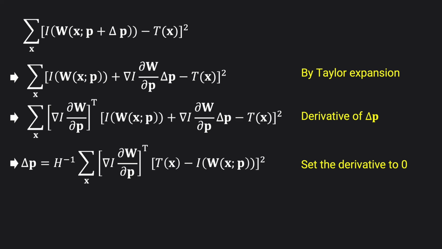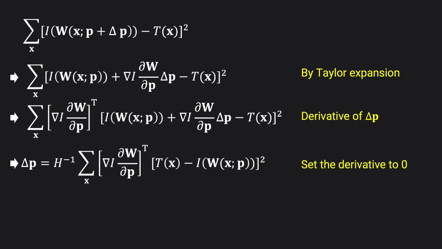We can use our old trick: we set the derivative to be 0. Now it is actually a multi-dimensional equation, and when we set the whole vector to be 0, just similar to the one-dimensional case, we can easily solve for the change of the parameter.